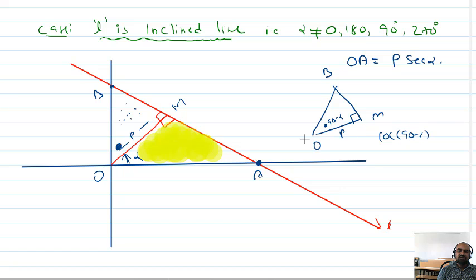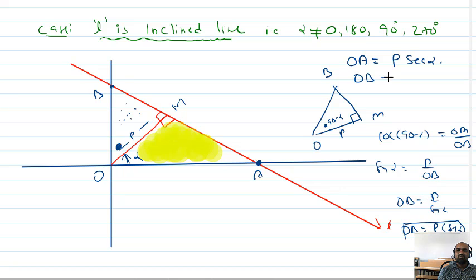What is that? Adjacent side OM by hypotenuse OB, or sin alpha only. That is OM is P by OB, or OB equal to P by sin alpha, or OB equal to P cosec alpha. So OB I also got, P cosec alpha.